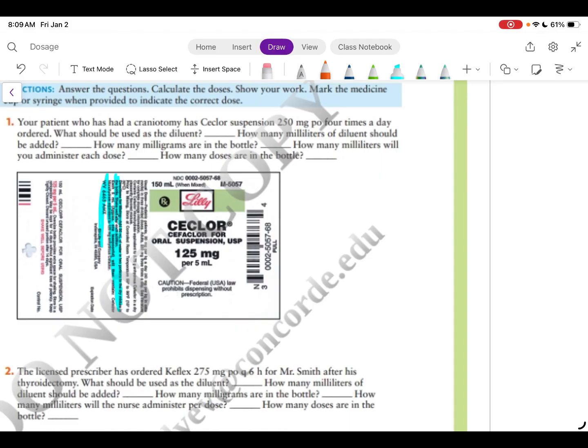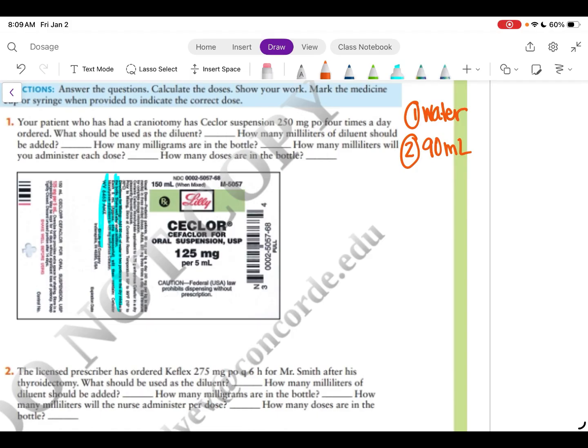So there's not a whole lot of space for me to write here, so I'm just going to write it off to the side. So water is the answer to that first question. How many milliliters of water should be added? And that's 90, right? 90 milliliters. So those are our answers for the first two questions.